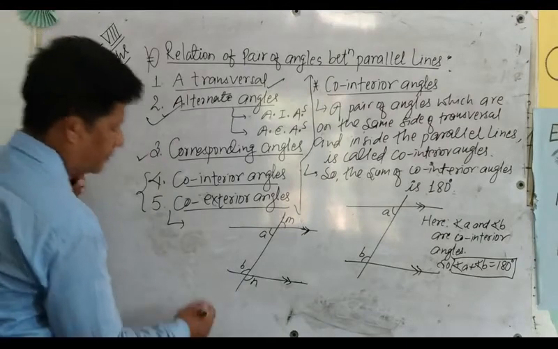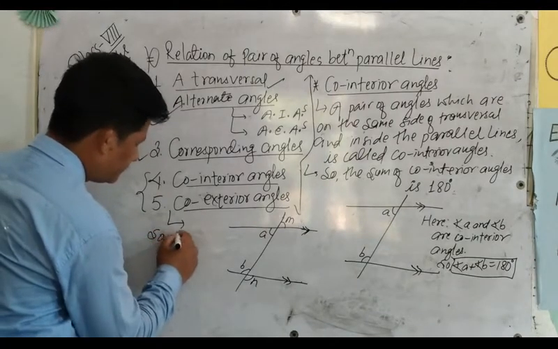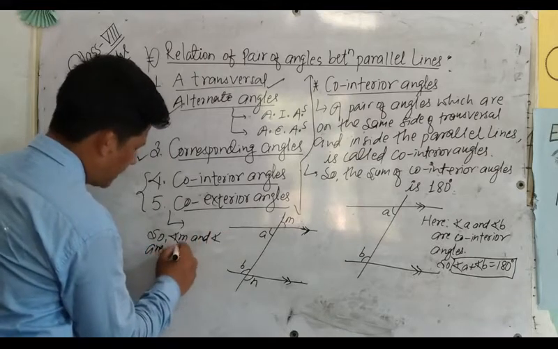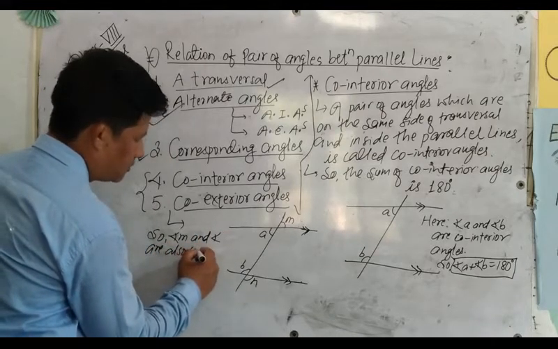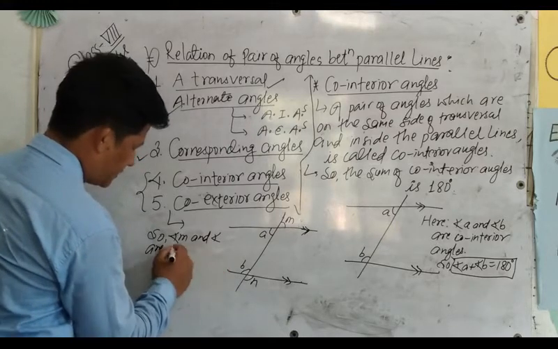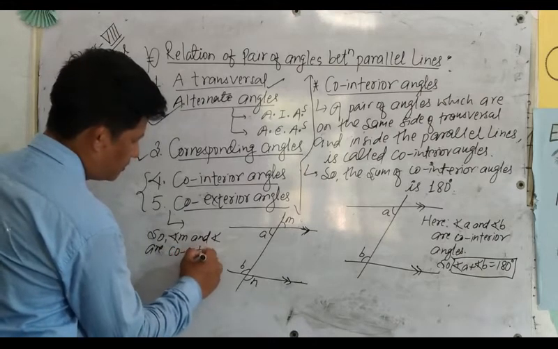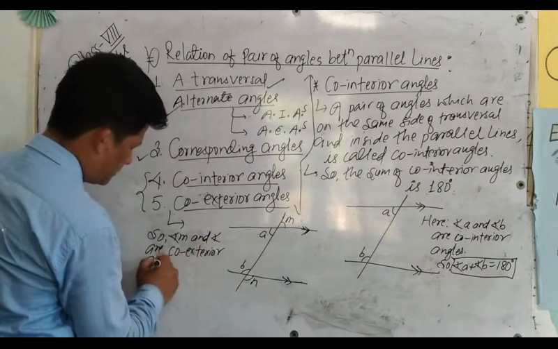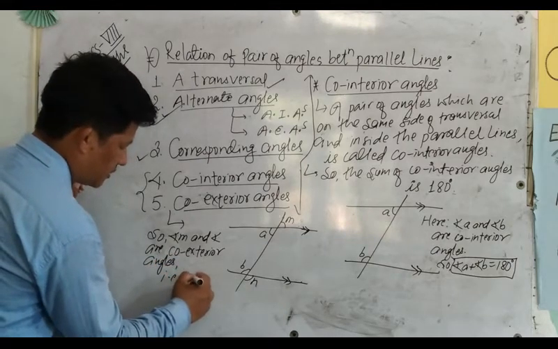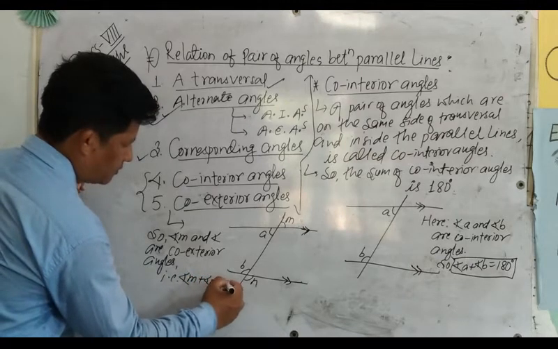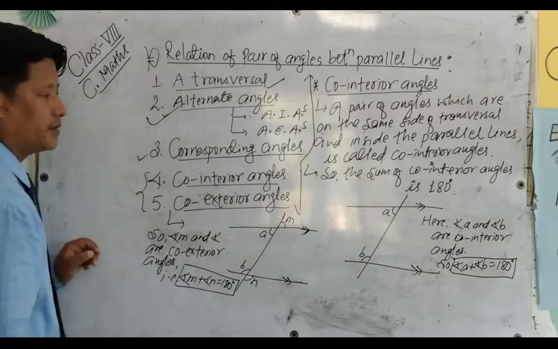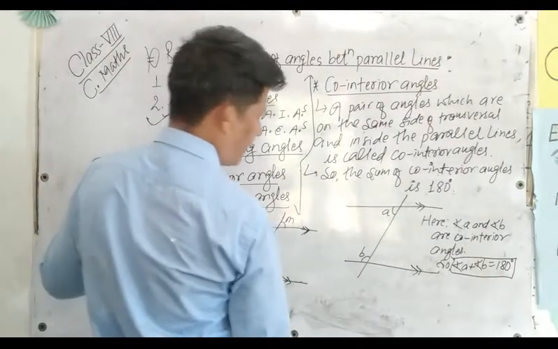So angle M and angle N are also co-exterior angles, so their sum equals 180 degrees.